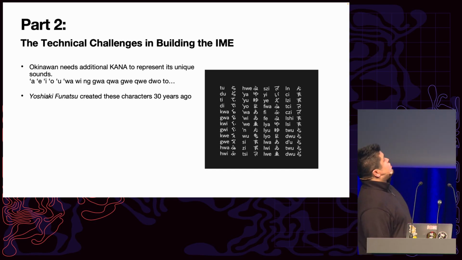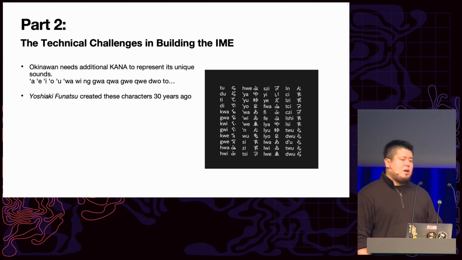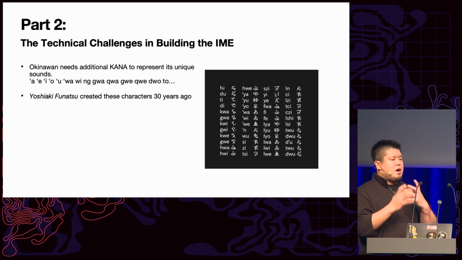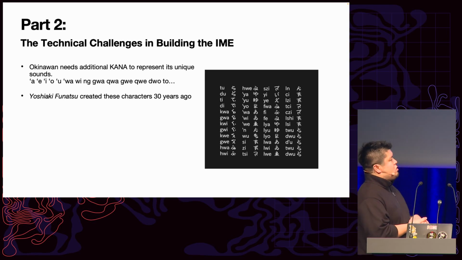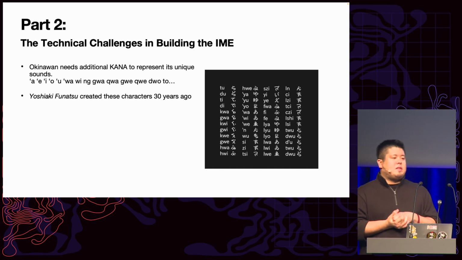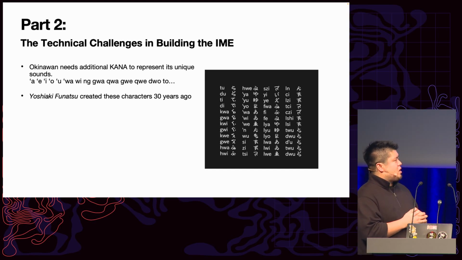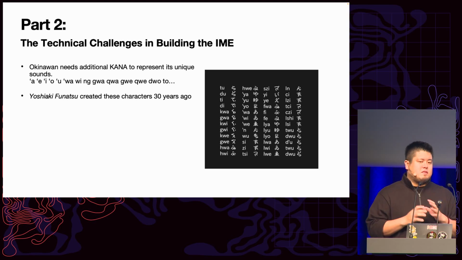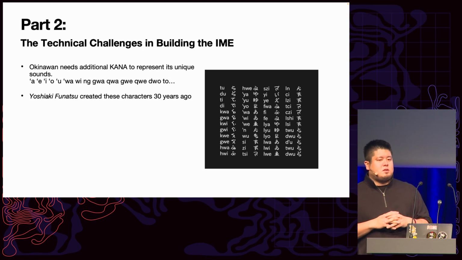So, for example, sounds like I, u, with the glottal sounds, or kwa, do not necessarily get represented well using Japanese characters, and that's why we had to come up with new characters that represent one specific sound that is native to the language.